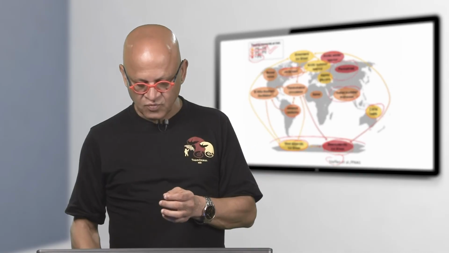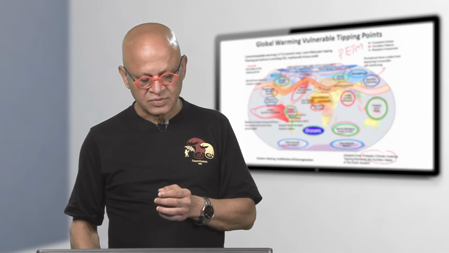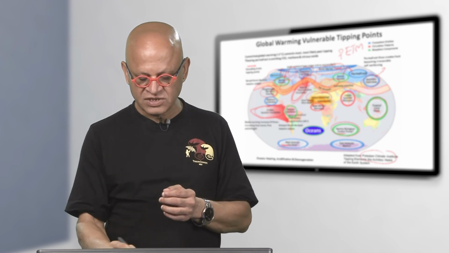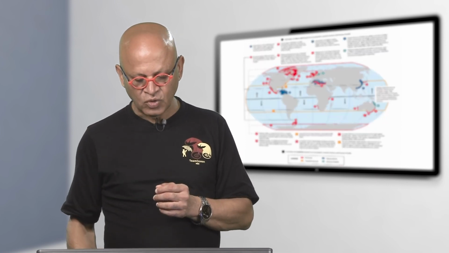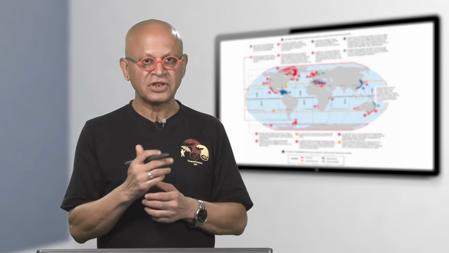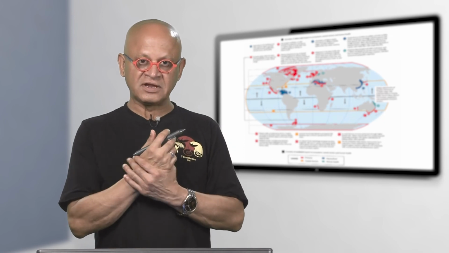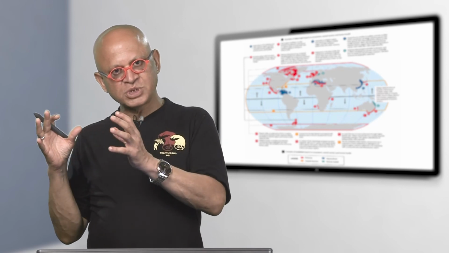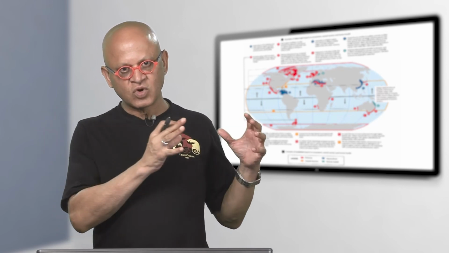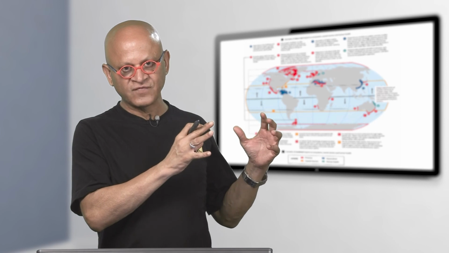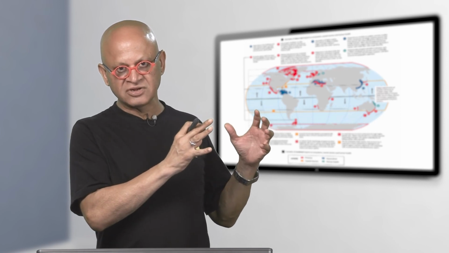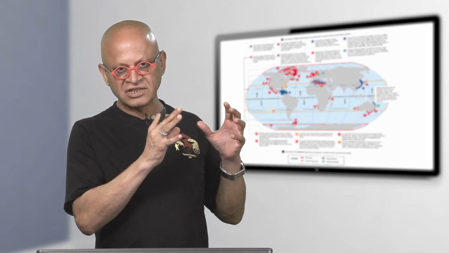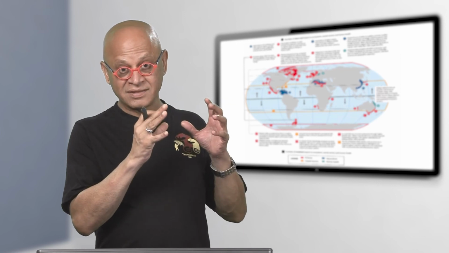So we will try to see how any of these systems are responding already in the observed data that we have. So we have to always keep in mind, here are the potential weak points, and here is what they have already been doing because of our emissions since the Industrial Revolution. That gives you a sense of where we are headed.